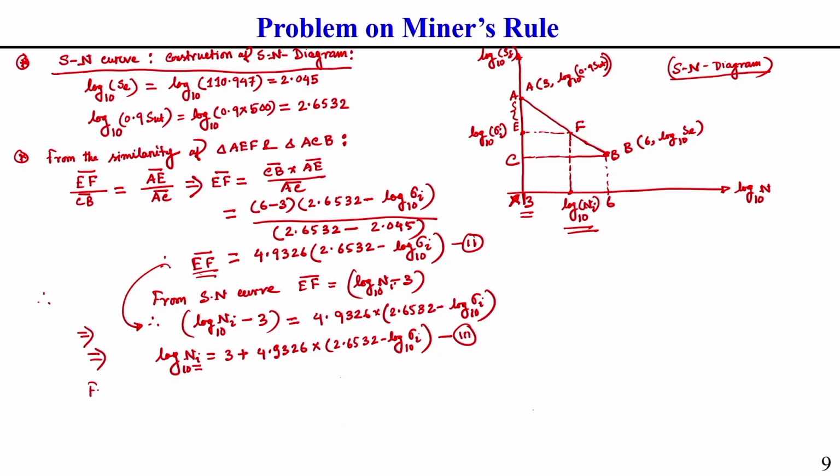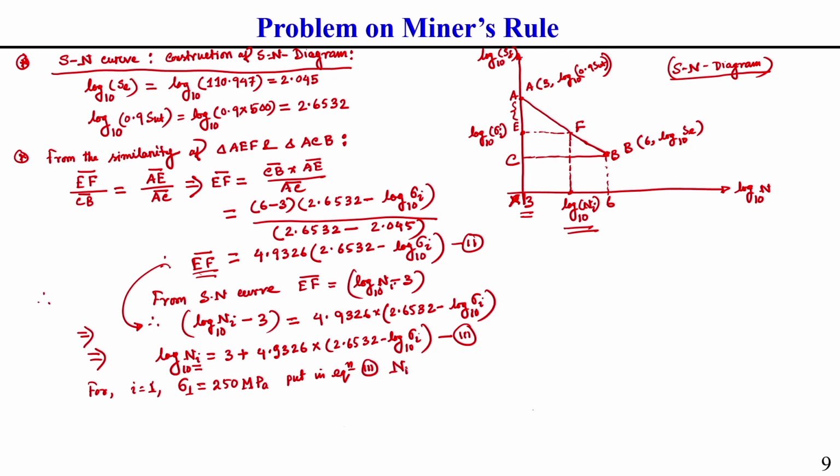Like for I equal to 1, sigma 1 equal to 250 MPa is given. So, putting the value of sigma 1 equal to 250 in equation number 3, we will get N1 corresponding to sigma 1.